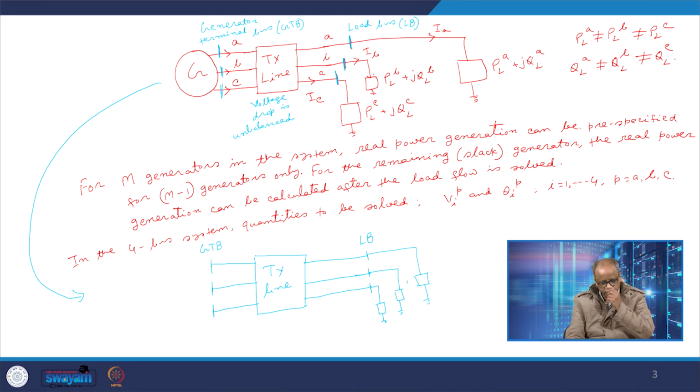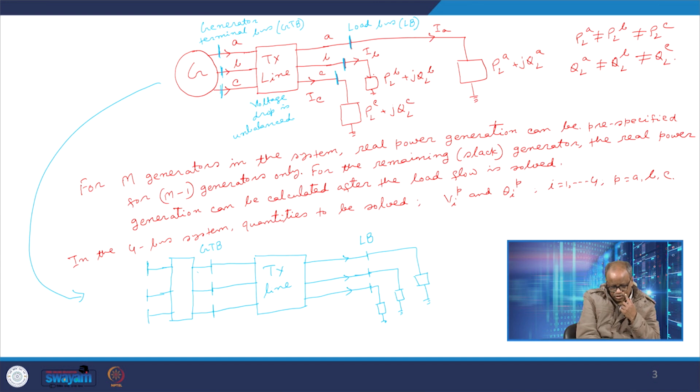Because of the unbalanced load, the currents here would be unbalanced, so this drop would be unbalanced. Internally there will be one internal bus which is balanced, and between this internal bus and the terminal bus there is the generator impedance.